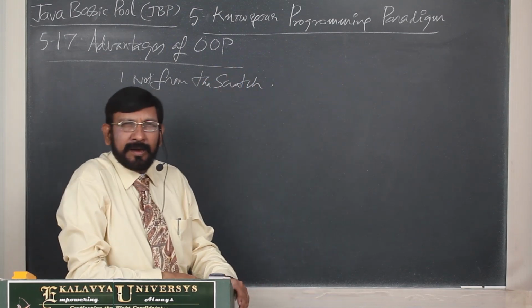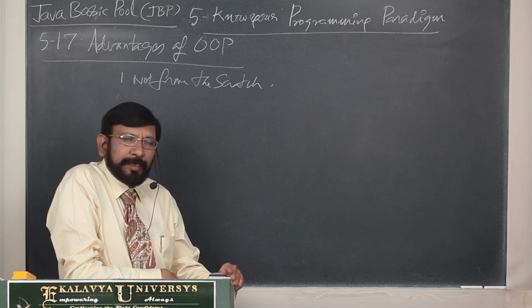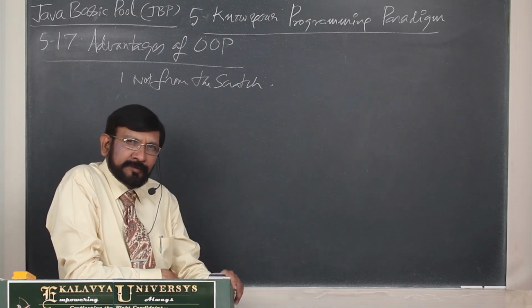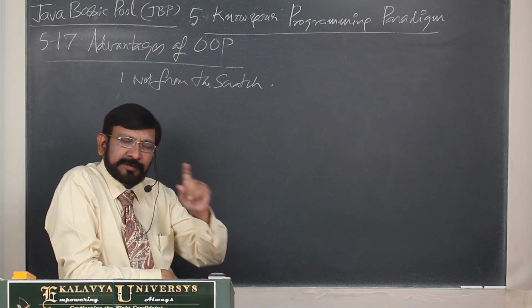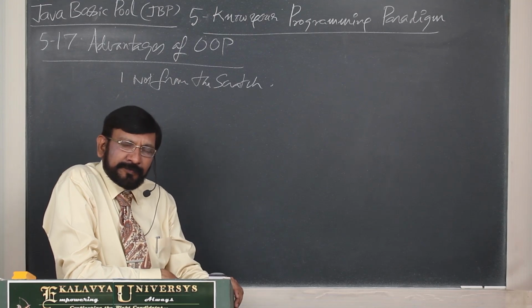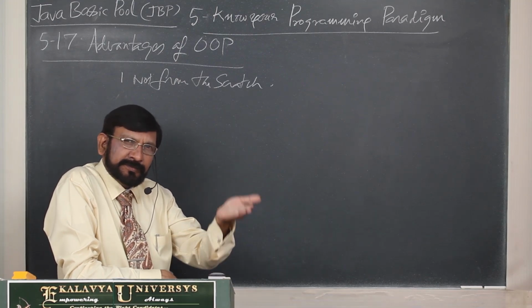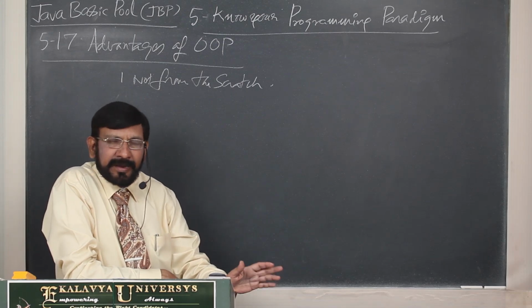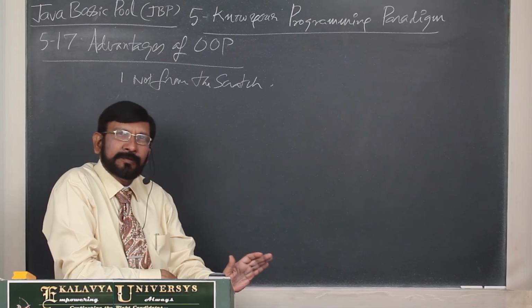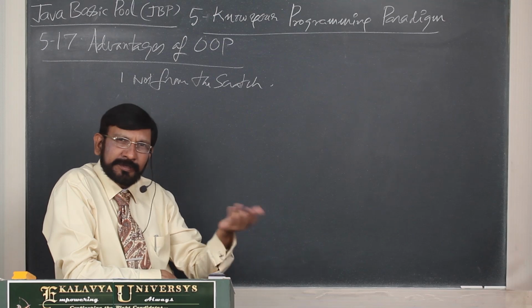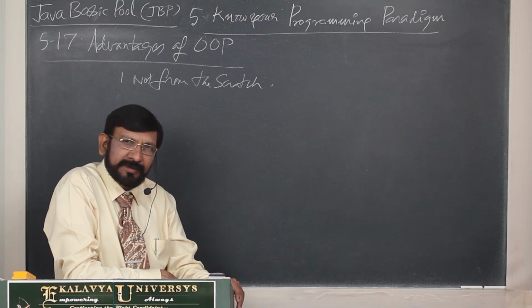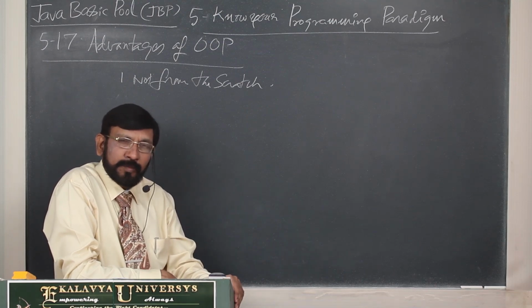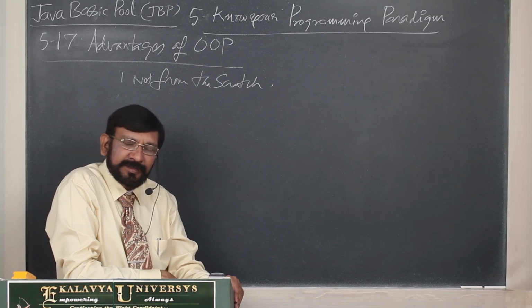Actually, as I told you already, there are two alternative ways to develop a system. The first one is to develop the system from the scratch. That is one way. Then a lot of time, time is money, the cost is increased, and there is scope for bugs, so debugging cost is there.